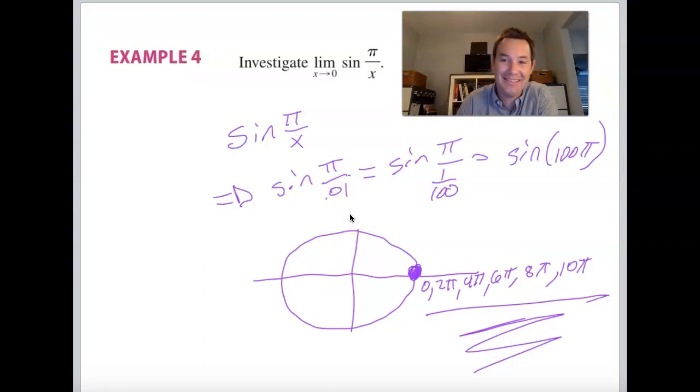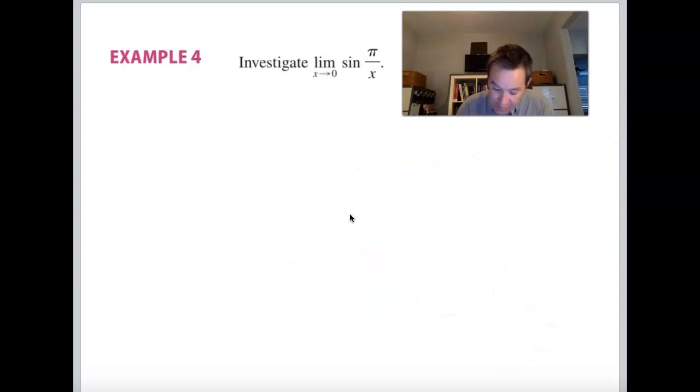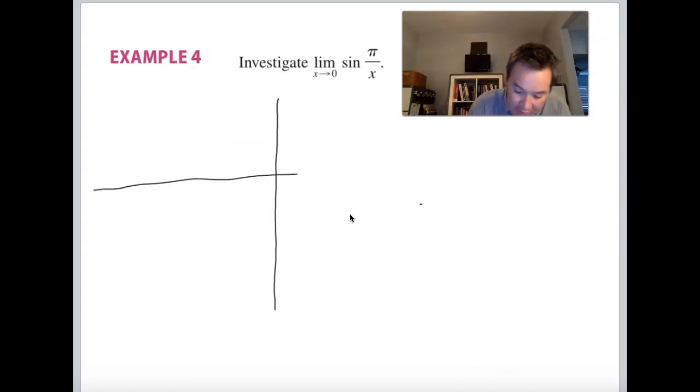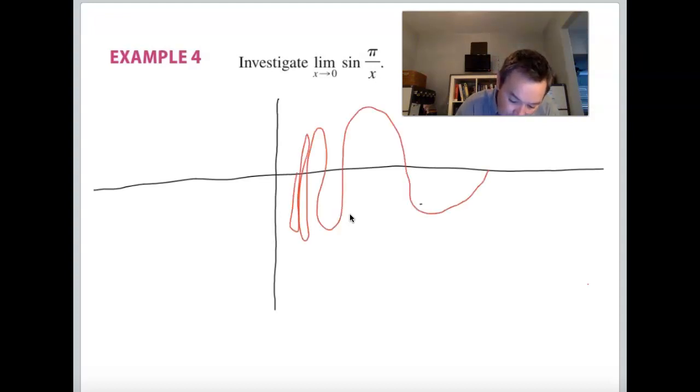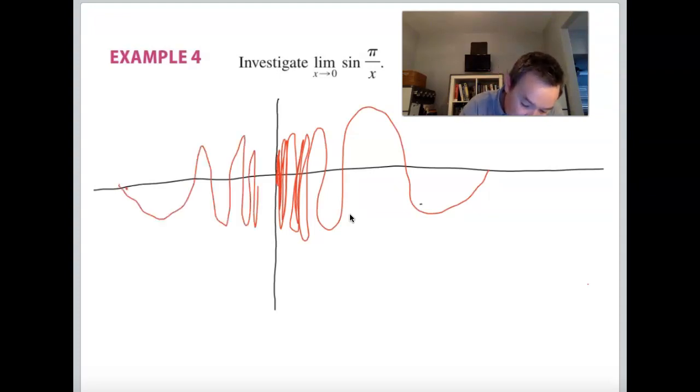My recorder acted up there, but hopefully what you saw was that in that graph, as x got closer and closer to 0, sine oscillated more and more quickly. As we get closer on either side, it begins to oscillate infinitely fast and never approaches a single point from the right and the left of 0.